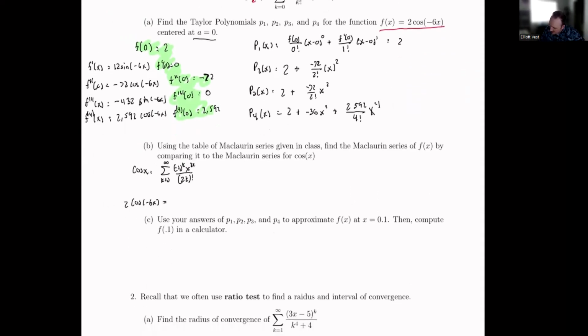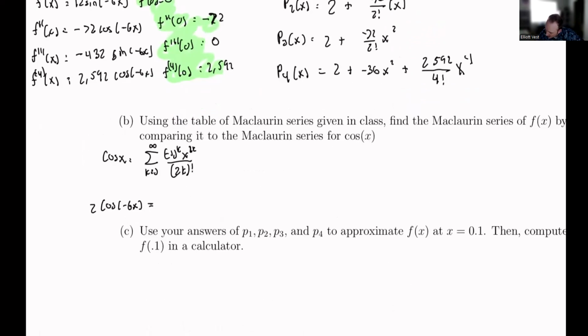Okay, 2 cosine of -6x is plugging in. If I have x here and x there, like I'm composing with -6x now, so my -6x should be a summation from k equals 0 to infinity of (-1)^k (-6x)^(2k) over (2k) factorial.